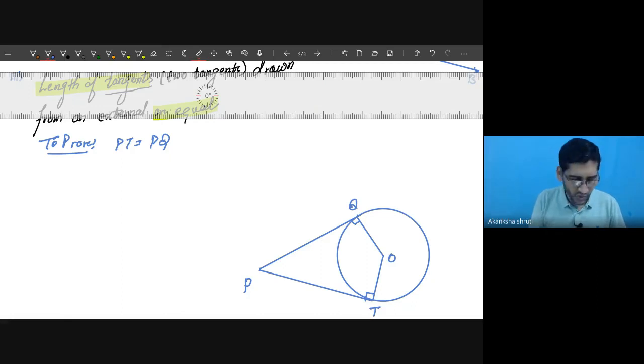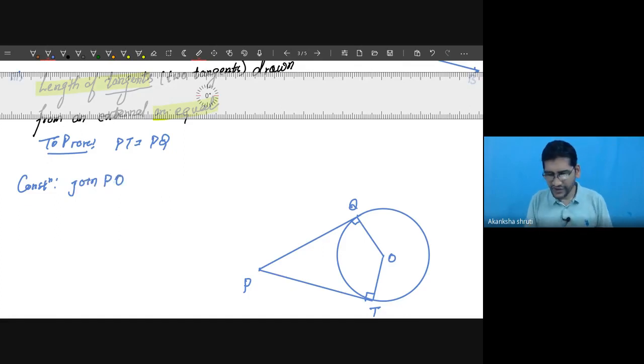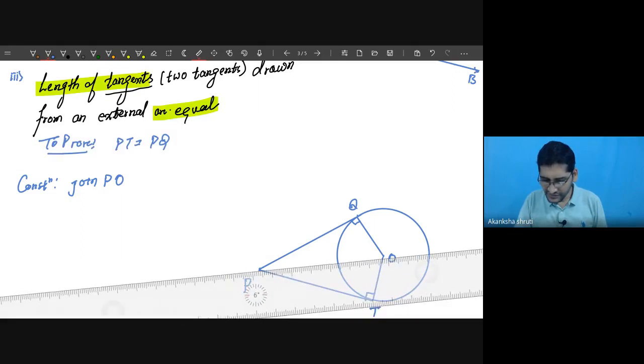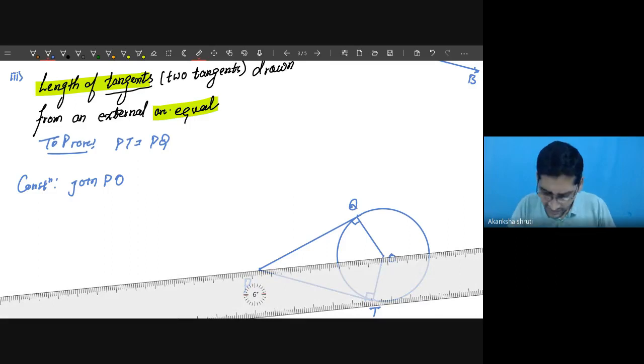Join P to O. O is our center. Join it. We may join it by a solid line or even by a dotted line. You are free to join. Let me join it. This is my construction.